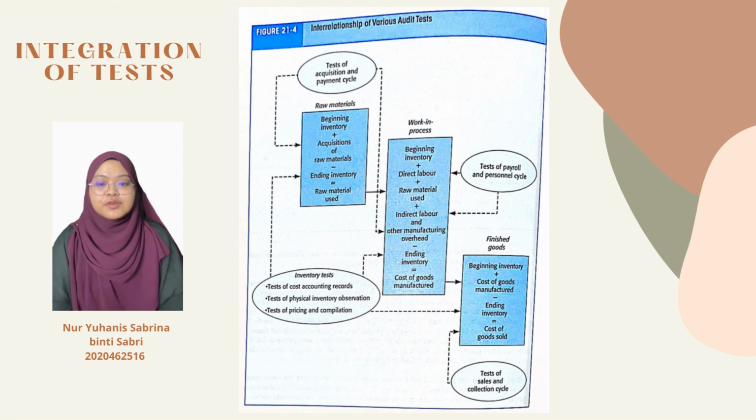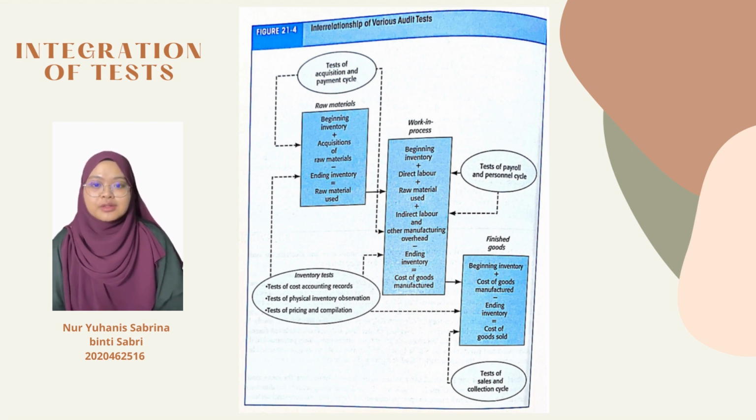In order to calculate work in process, the test of the payroll and personnel cycle is used to calculate direct labor and indirect labor. The formula to calculate work in process is beginning inventory plus direct labor plus raw materials used plus indirect labor and other manufacturing overhead minus ending inventory, which equals cost of goods manufactured.